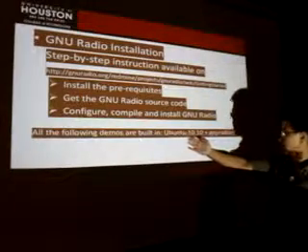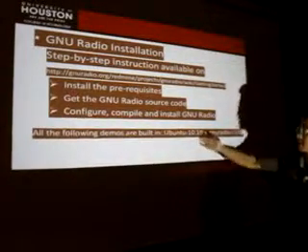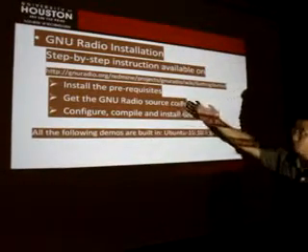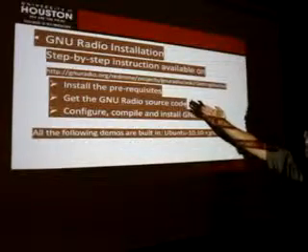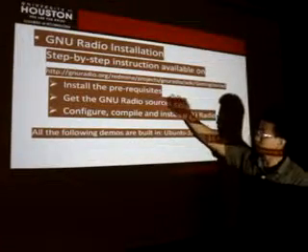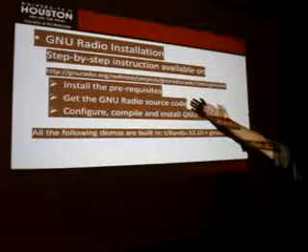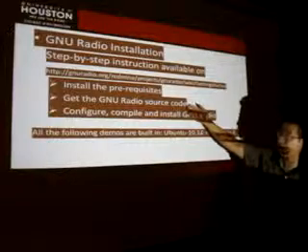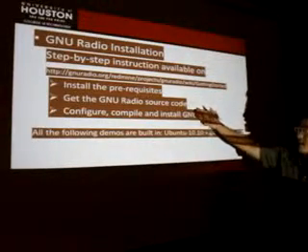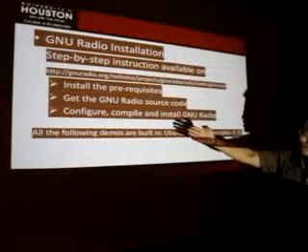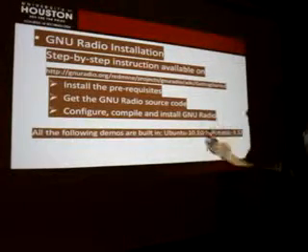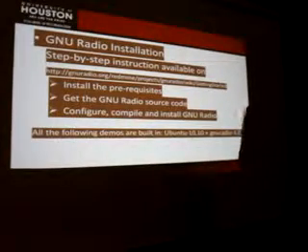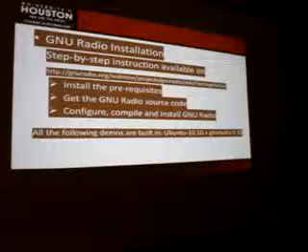Here we use Ubuntu 10.10. It means that we have to install the prerequisites for GNU Radio on Ubuntu 10.10. After installing the prerequisites, we download the GNU Radio code from the website, and then configure, compile, and install GNU Radio in your desired folder.